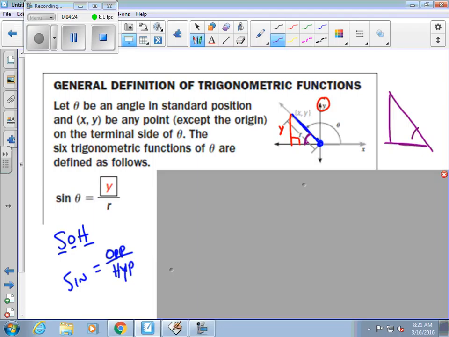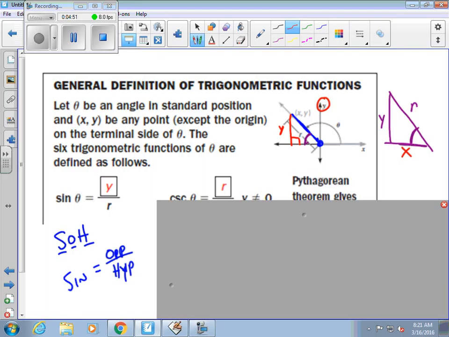You have this angle given to you. You have the opposite, which right here is y, and you have the hypotenuse, which is r. So to follow up on that, this would be your x value, because that's how far your x value is. So x, y, and r. And then we're using the same six trig functions that we learned for right triangles, because all we created was a right triangle.